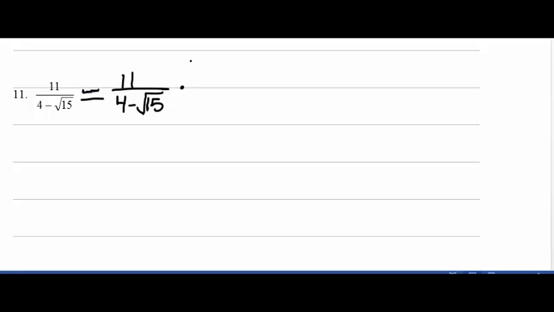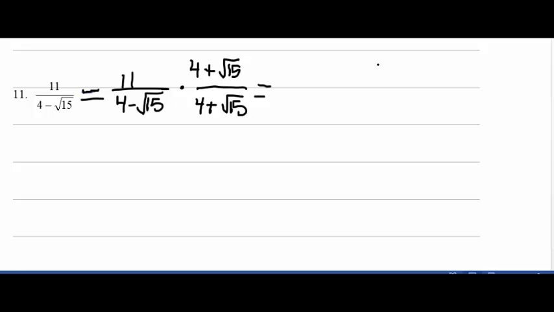So the conjugate of 4 minus square root of 15 is 4 plus square root of 15. So when I multiply these conjugates, the product is a difference of squares.